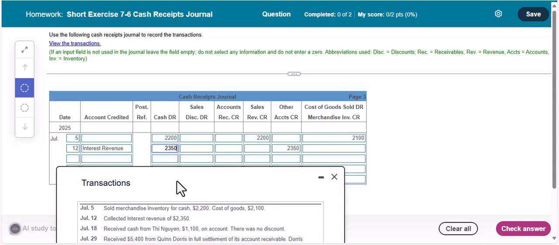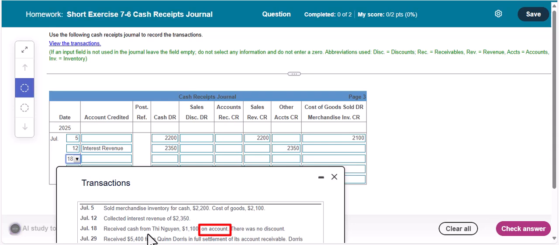All right, so then we have our next transaction on July 18th. We received cash from Thai Nguyen for $1,100 on account. There was no discount. So we'll get our date in first. That was July 18th. So again, why is Thai paying us this? Well, here are the two keywords: on account.